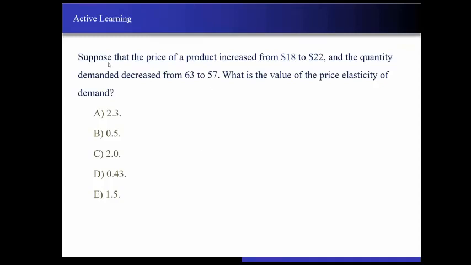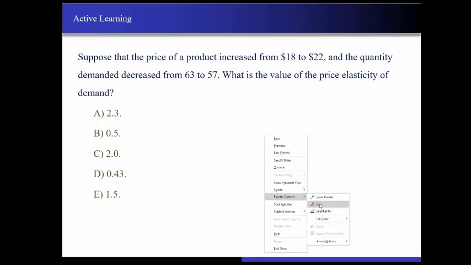So the question here is, suppose that the price of a product increased from $18 to $22. The quantity demanded decreased from 63 to 57. You're given all the information you need, and it just wants you to calculate the price elasticity of demand. Again, you're using the midpoint formula, and I'll write it on here for you.